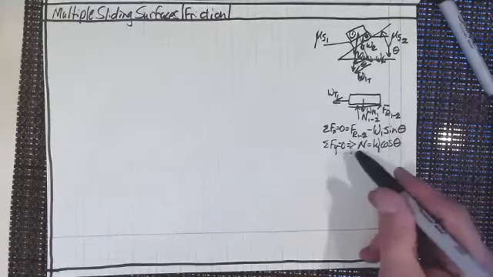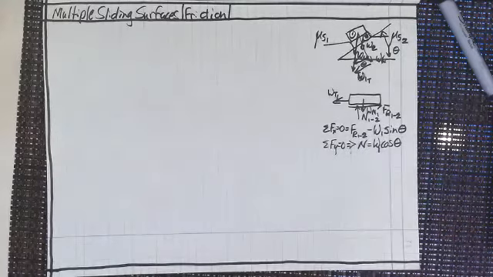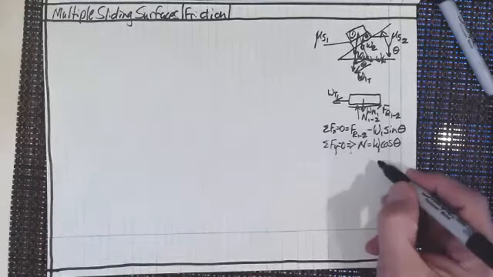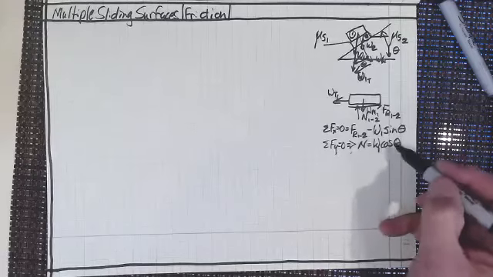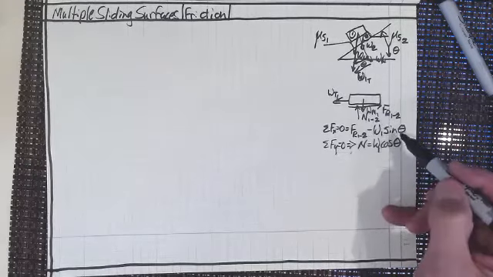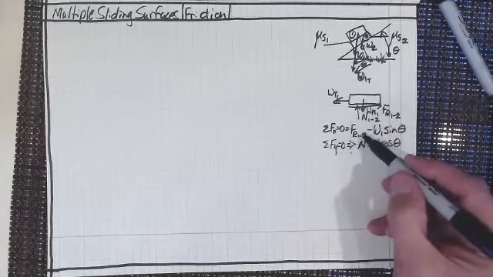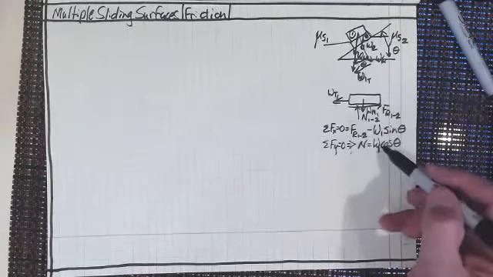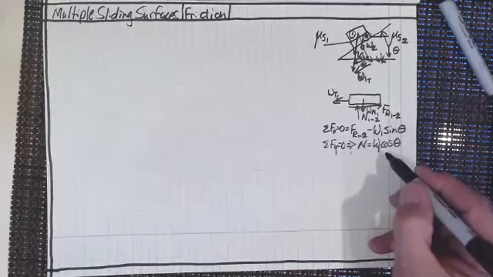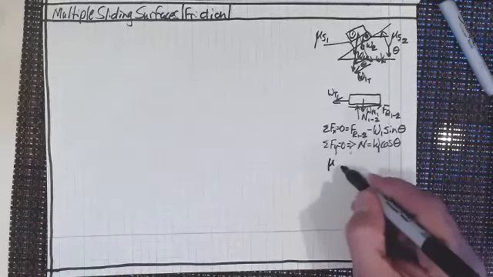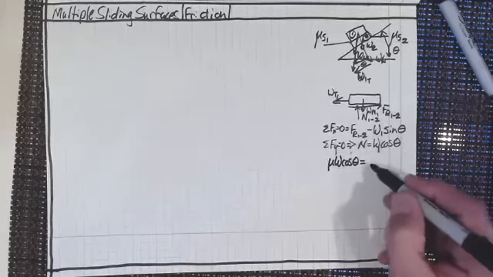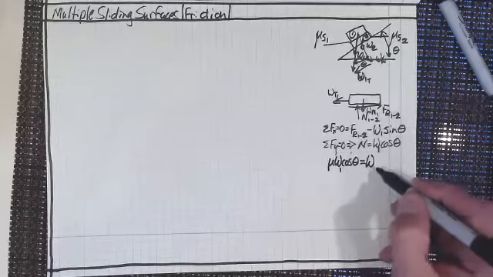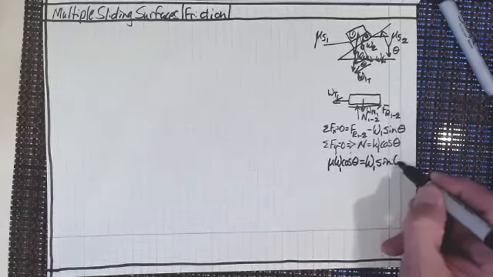So let's look at this then. If we put these two equations together, we know that F sub R 1-2 is just going to be mu times N, so mu times W1 cosine theta has got to equal W1 times sine theta.